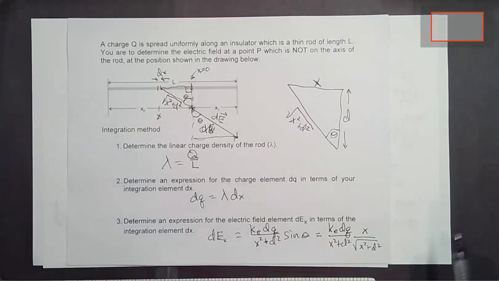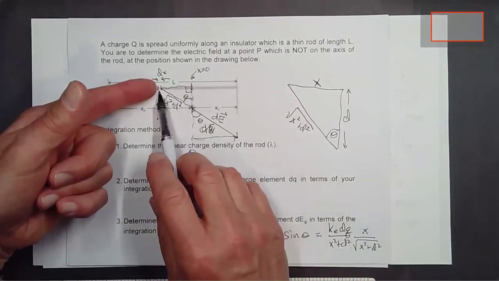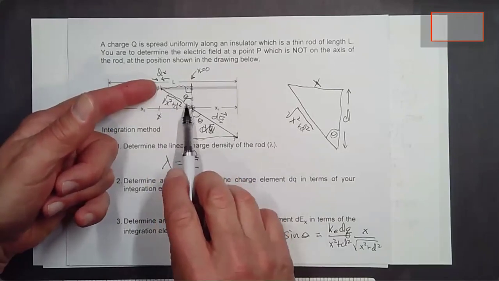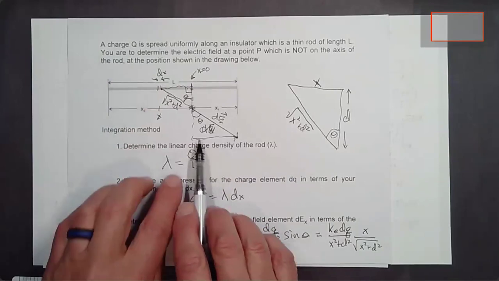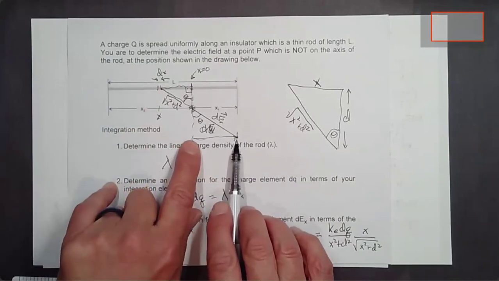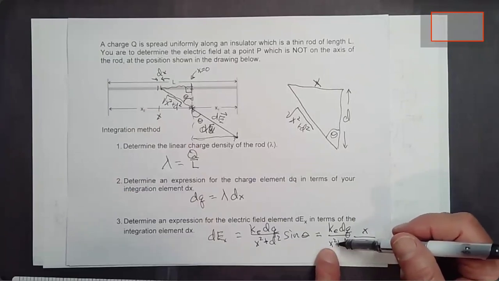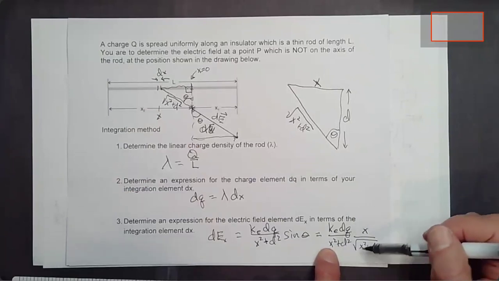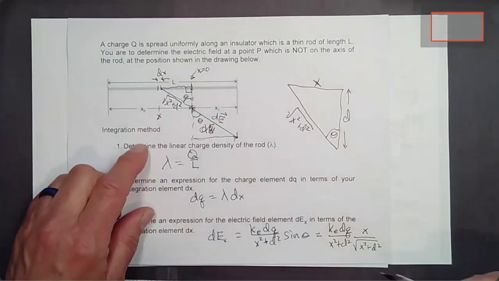Now, I have to back up here and think. If this charge is positive up here, that electric field down here will be pointing in that direction. Its x component will be positive. As long as x is squared, I don't have any problems. But this x is not squared, and so on this side, it's going to be negative.